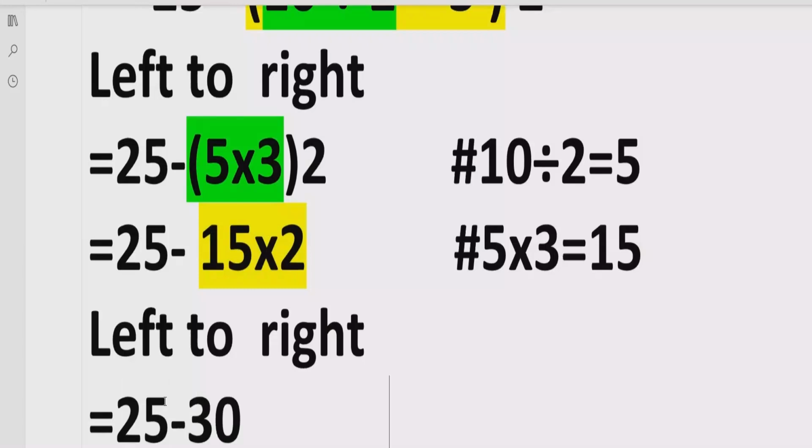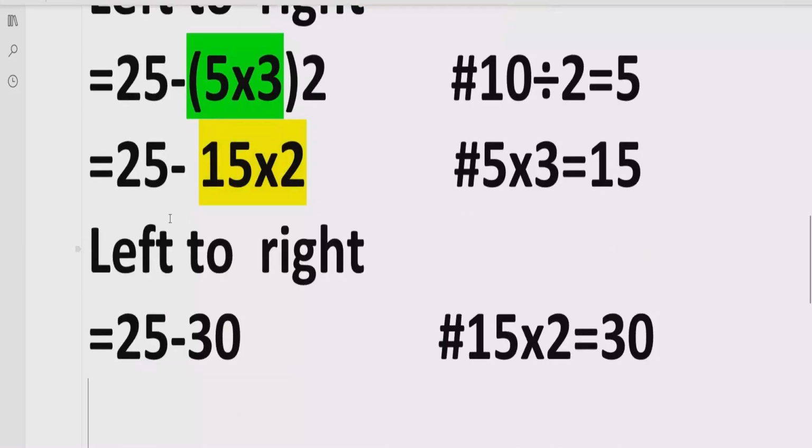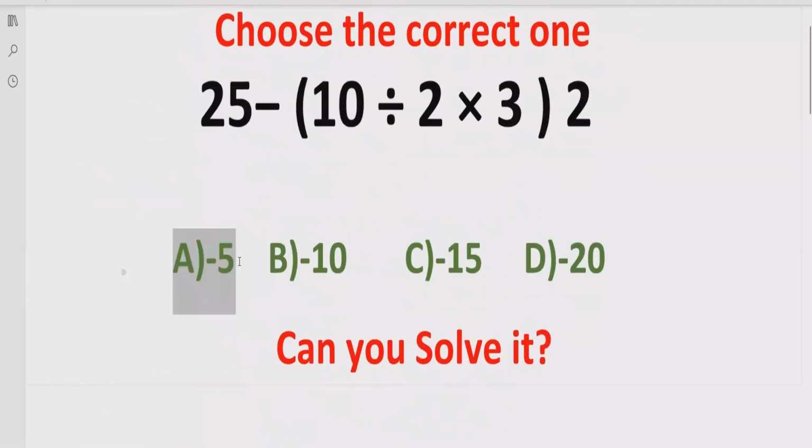And here we will give the reference: 15 multiplied by 2 equals 30. Now, we have here two terms which are subtracting each other. So, we will subtract both of them and get the answer, minus 5. So, the answer of the given expression is minus 5. If you see the answer list, answer A is the correct answer of this expression.